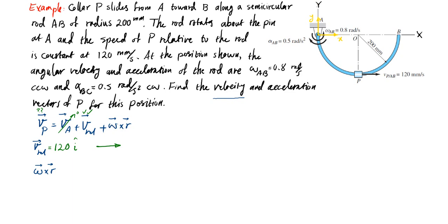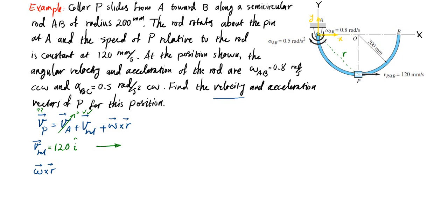Now, what is the magnitude and what is the direction? This is R. Omega is counterclockwise, which means omega cross R would be in this direction.